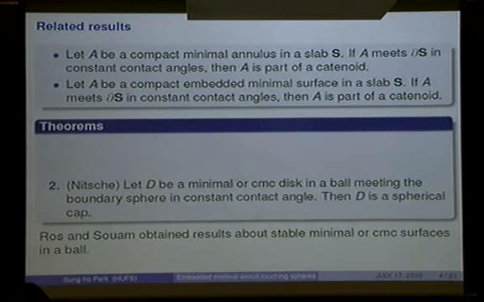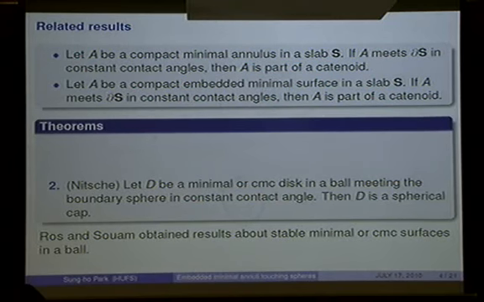If I replace two spheres by two parallel planes and consider a slab, then there's a result like this. If A is a compact, possibly immersed, minimal annulus in a slab, and if the minimal annulus meets the boundary of the slab at constant contact angles, then the minimal annulus is part of a catenoid.